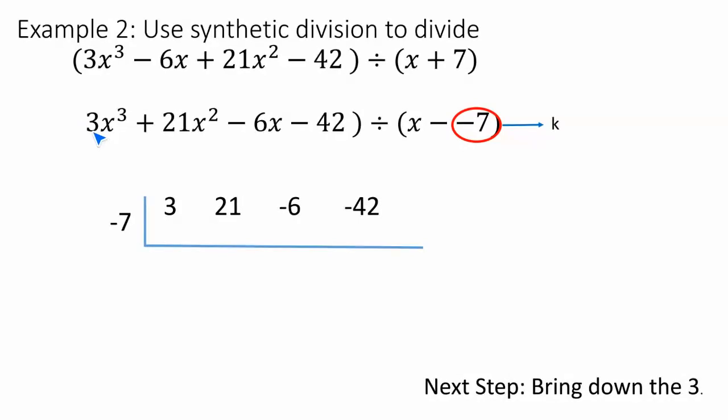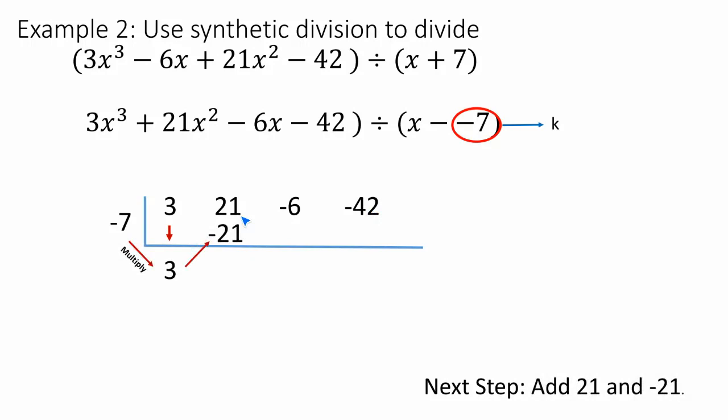Okay. So the next step is our coefficients. So we have a 3, we have the 21, the negative 6, and the negative 42. Bring down the 3. Times negative 7 is negative 21, plus 21 is going to be 0, times negative 7 is 0.